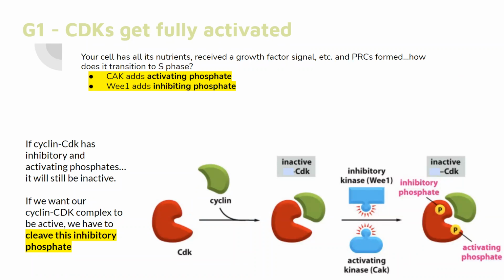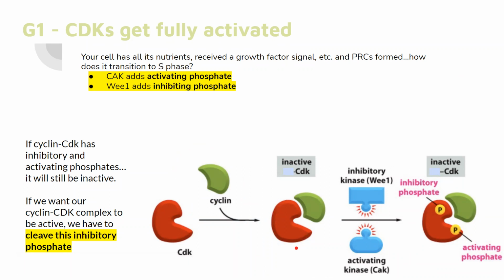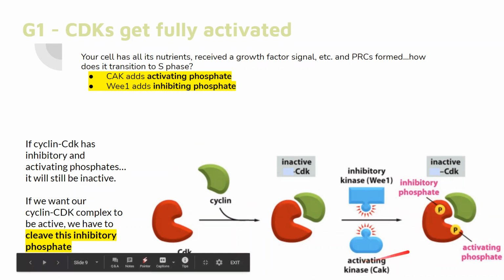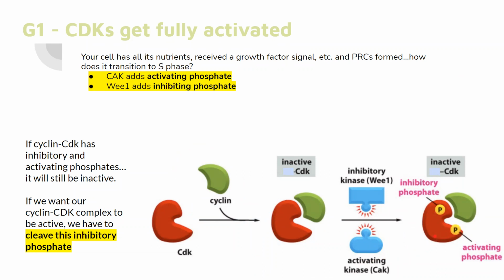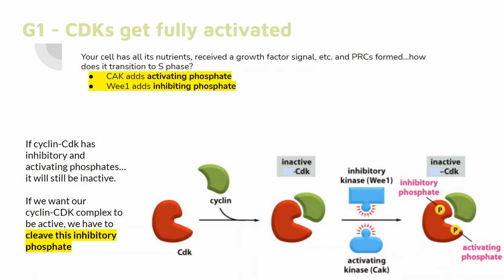So in order for the CDK complex to be active, you need to cleave this inhibitory phosphate. In the little diagram below, once the CDK is bound to the cyclin, it is still inactive because of the inhibitory kinase WEE1 binding to it, as well as the activating kinase. So in order for it to be active, the inhibitory phosphate that WEE1 puts on it needs to be removed.